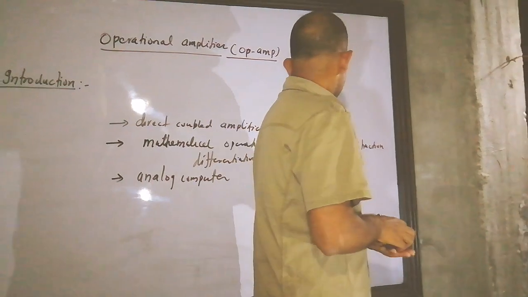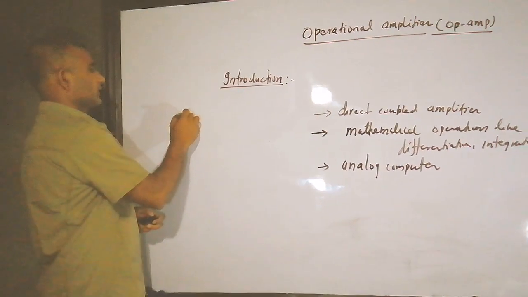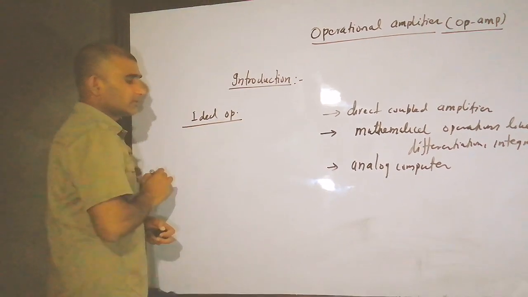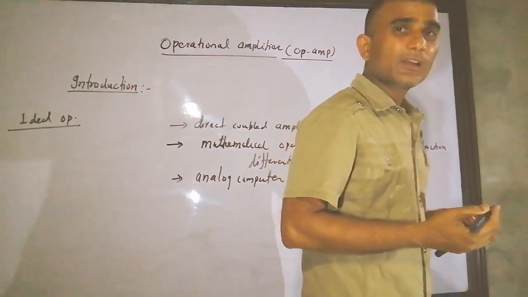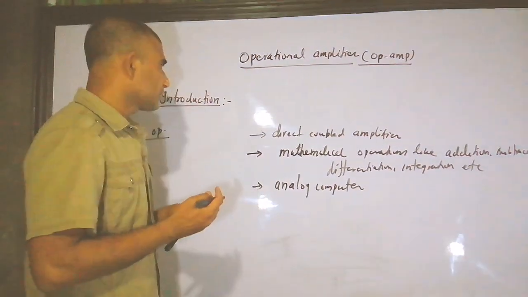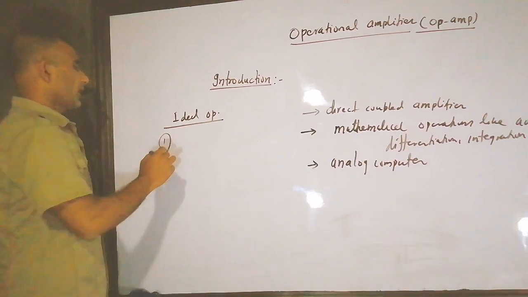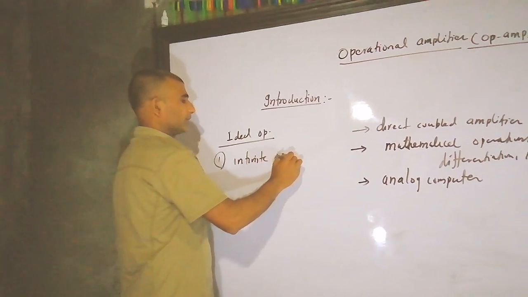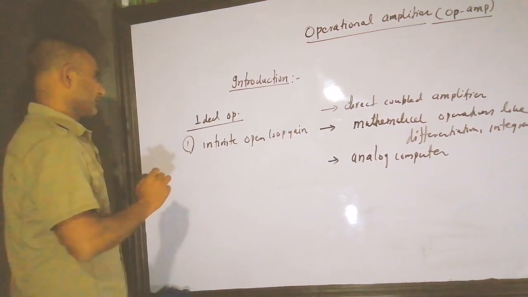Okay, so what should be the characteristics of the ideal operational amplifier? Ideal operational amplifier means we do not actually get any ideal case in real life, but still we study it, and if it is an ideal amplifier, then we have these features. First, infinite open loop gain. We have to remember these points.